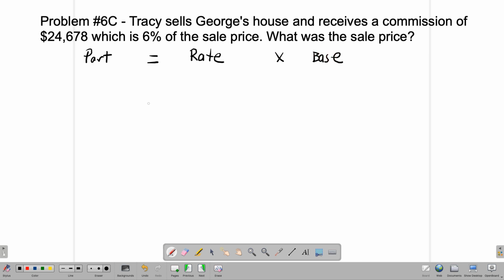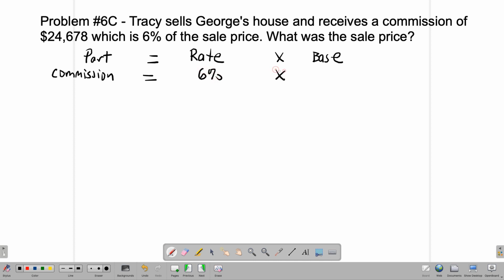In this case, the part represents the commission, and we have a rate of 6%.